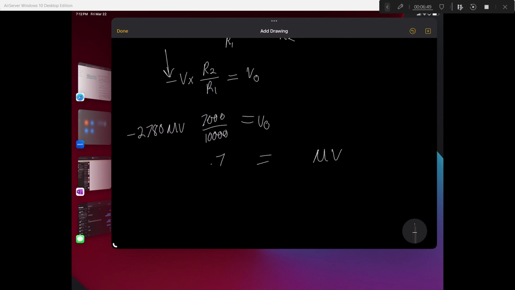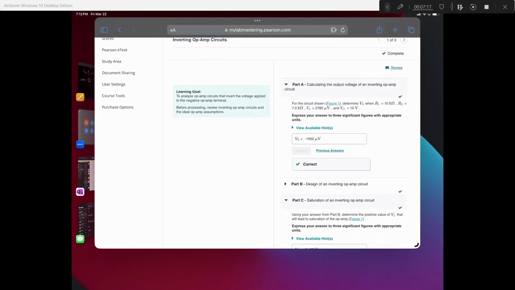Let's check the answer. 2,780 times 0.7 gives 1946. It's going to be negative 1946 microvolts, which rounds to 3 significant figures as 1950, just like the answer intended.